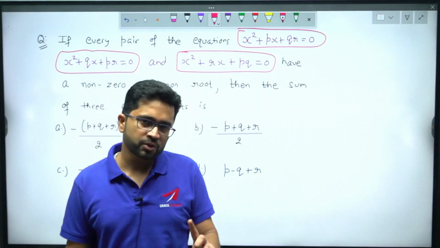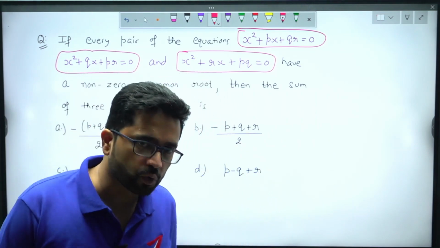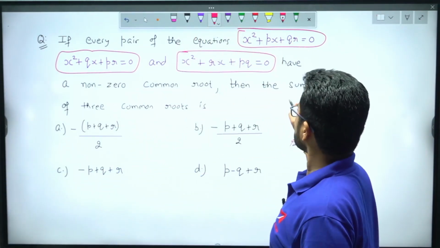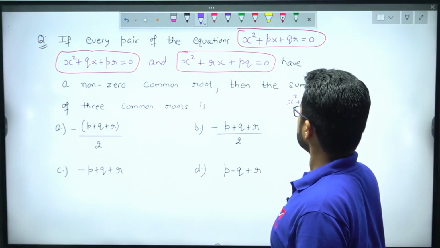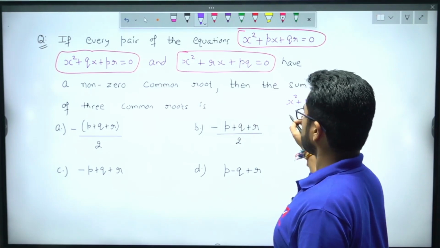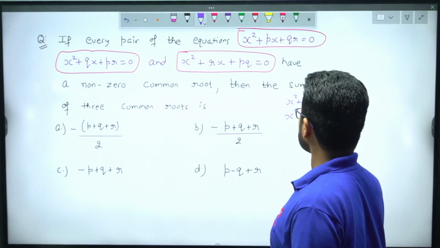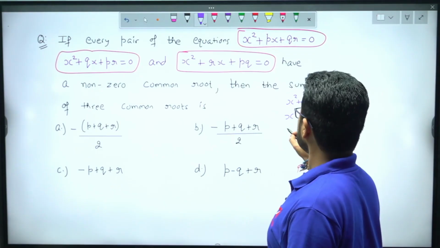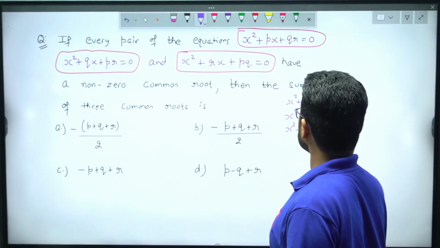Okay, so let's say the first equation is x square plus px plus qr. Next equation, x square plus qx plus pr. Third equation, x square plus rx plus pq.